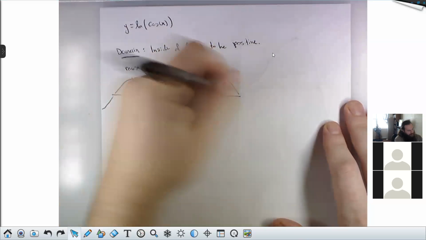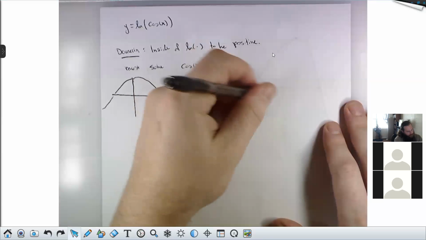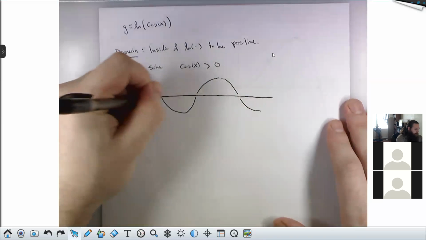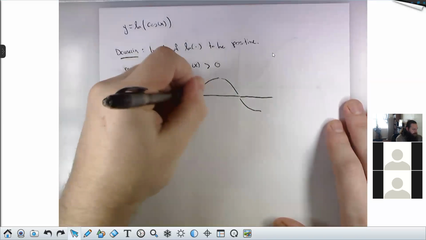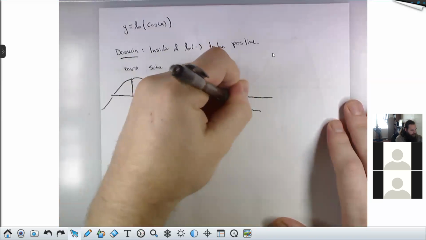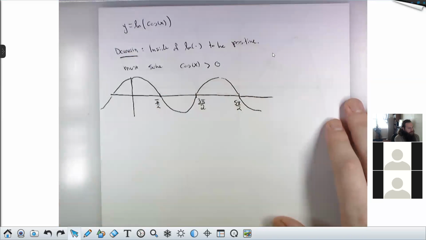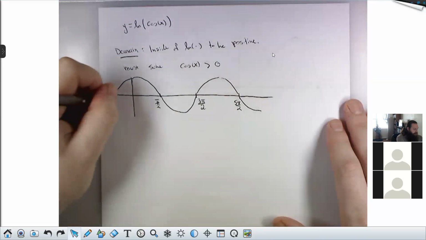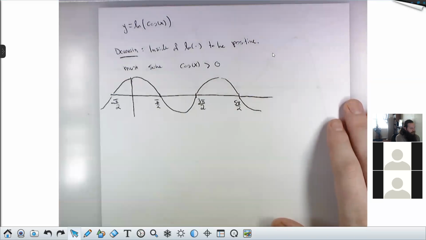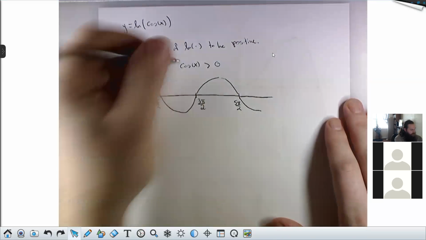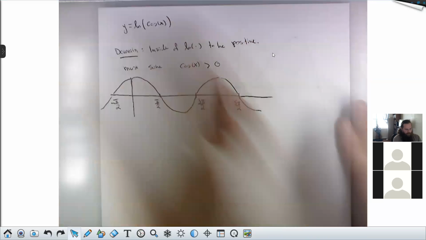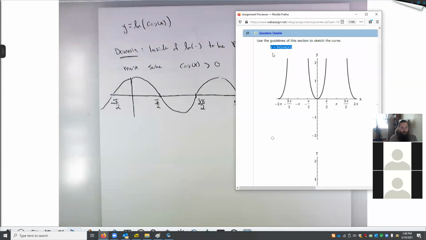So you're going to need to figure out where cosine is positive and where cosine is negative to figure out this domain. The critical things here are that cosine goes from being positive to negative at odd multiples of pi over 2. So I would say cos x is greater than 0. Did they ask us to focus on a particular interval?